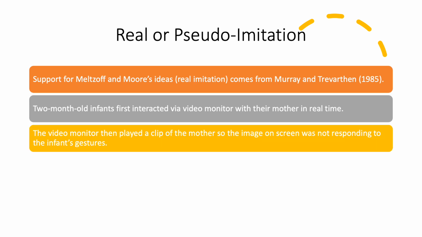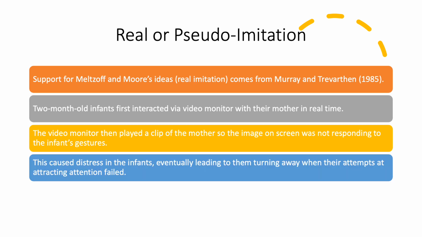And then the video monitor played a clip of the mother, so the image on the screen was not responding to the infant's gesture. So it wasn't in real time the second time. It was just a pre-recorded clip of the mother. So there wasn't that interaction between mother and baby. And this actually caused distress in the infants.